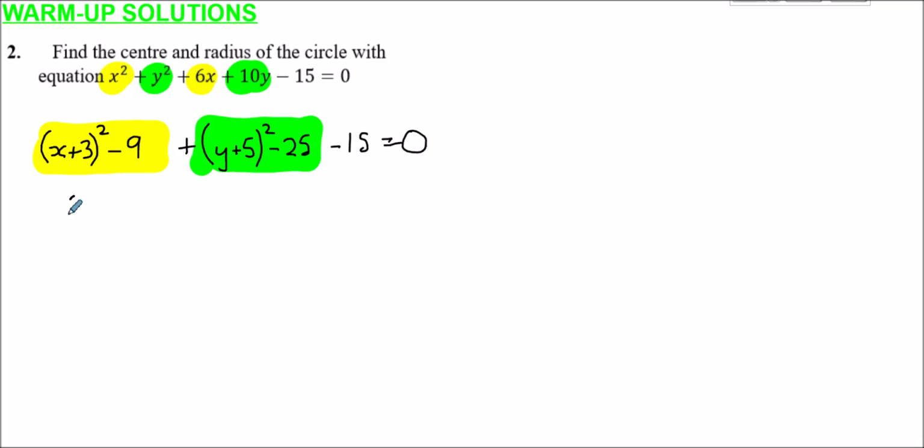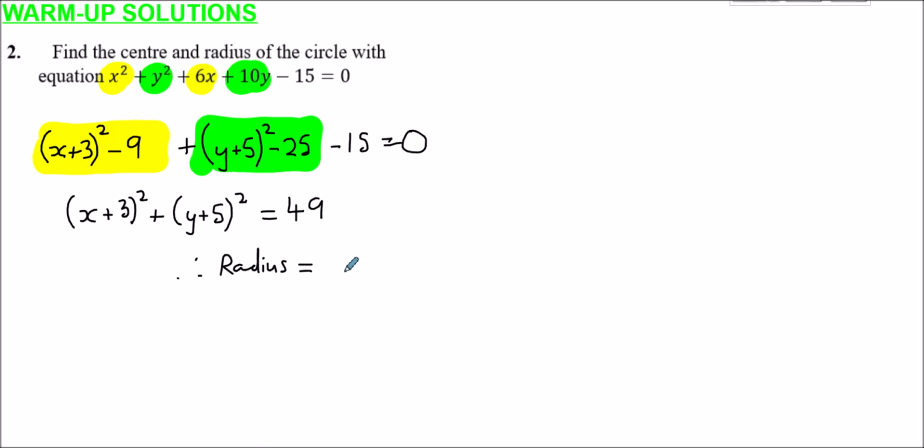So this can now be rearranged further. So we have x plus 3 squared plus y plus 5 all squared. Now minus 9 minus 25 minus 15 is minus 49. So if we add 49 to both sides, we get 49. So this is now the standard form, so we're effectively told what the radius is.